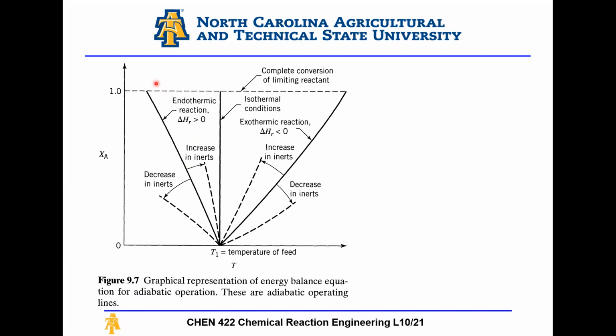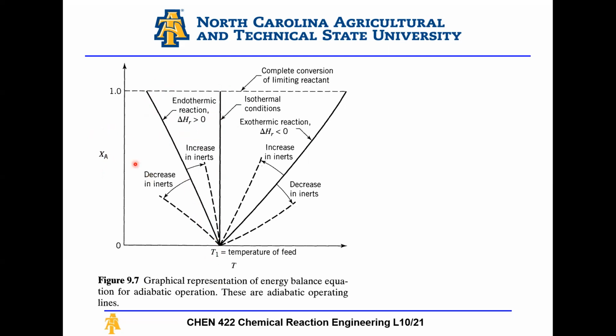Okay, second line here on the left-hand side is endothermic reaction, which means my reaction enthalpy is greater than 0. And as you can see, it's curved to the left basically, this curve moves to the left-hand side.